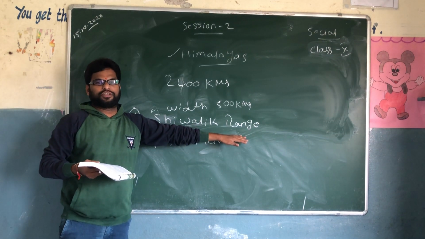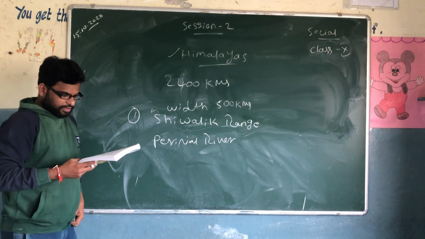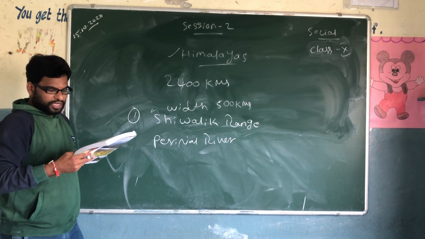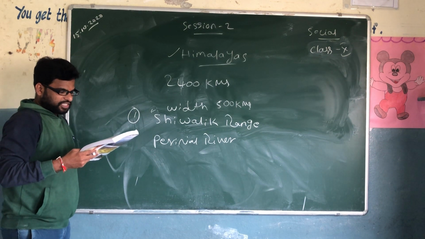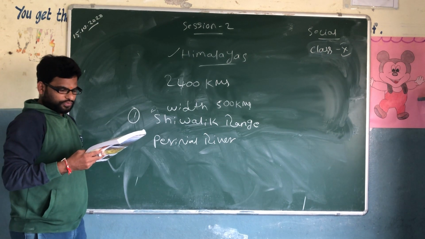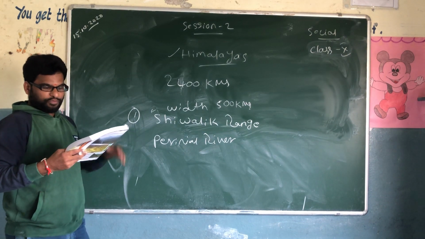What is the height, what is the width, we will see now. This range runs parallel to the lesser Himalayas for a distance of about 2,400 km, from the plateau to the Brahmaputra Valley.